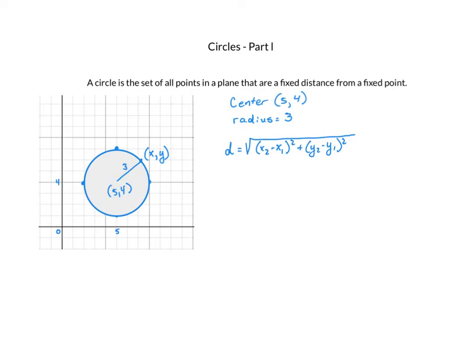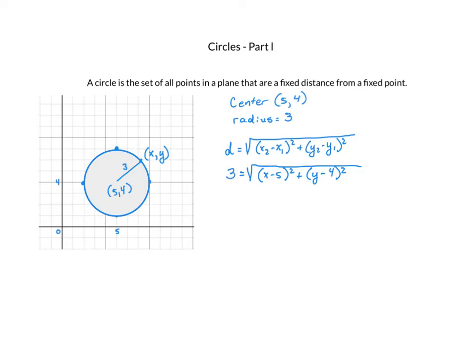So for this particular circle, we are going to use the points x, y, and 5, 4. So the distance would equal the square root of x minus 5 squared plus y minus 4 squared. So that distance is supposed to equal 3.